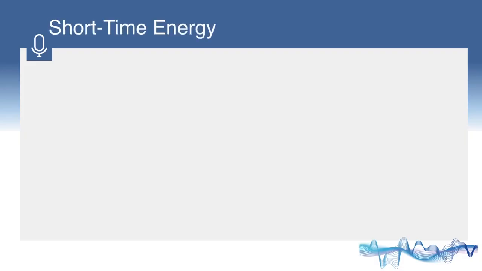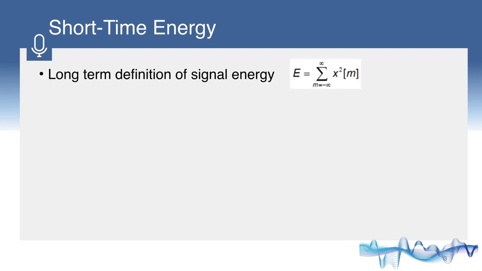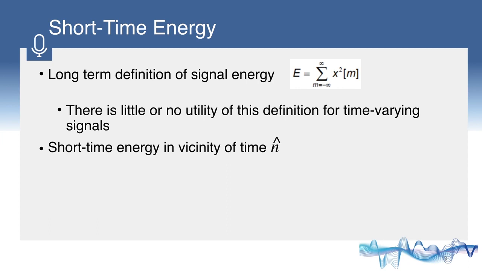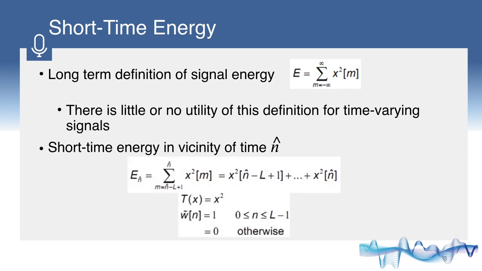One parameter is short-time energy. The long-term definition of signal energy is the sum of squares of input signal samples. There is little or no utility of this definition for time-varying signals. Thus, we use short-time energy in the vicinity of time n and compute the sum of squares of L samples.